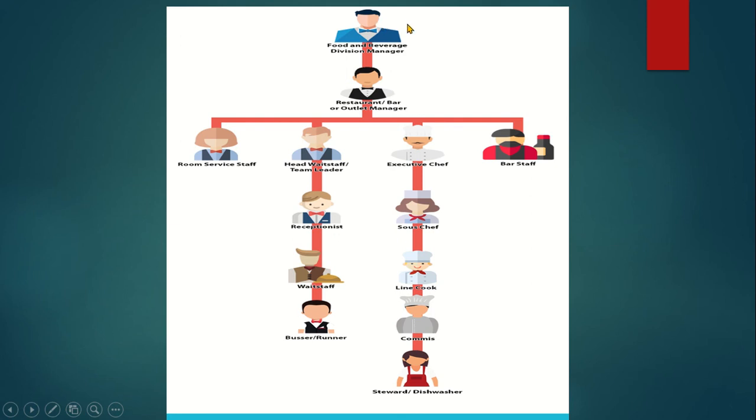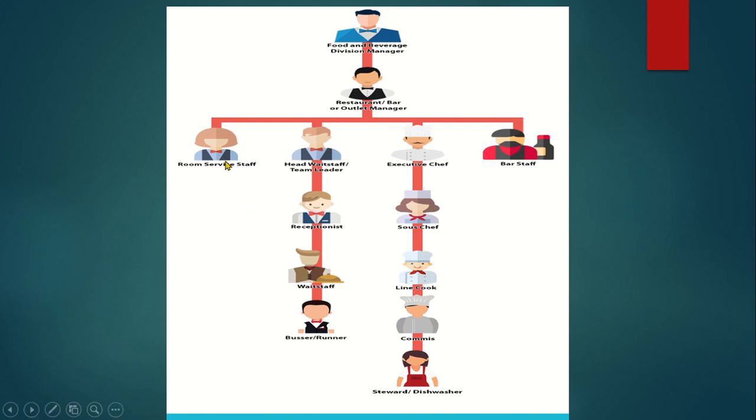The duties and responsibilities of the division manager is they are the ones who plan, organize, direct and control the delivery of services in all outlets, guest rooms and banquets, and see to it that the policies and standards are complied. And here, the outlet manager, they are the ones who oversee food and beverage operation in their assigned outlet and ensure that the services are carried out in accordance with prescribed standards and policies.